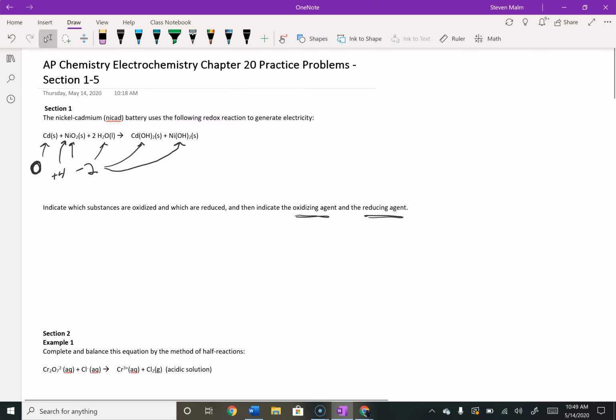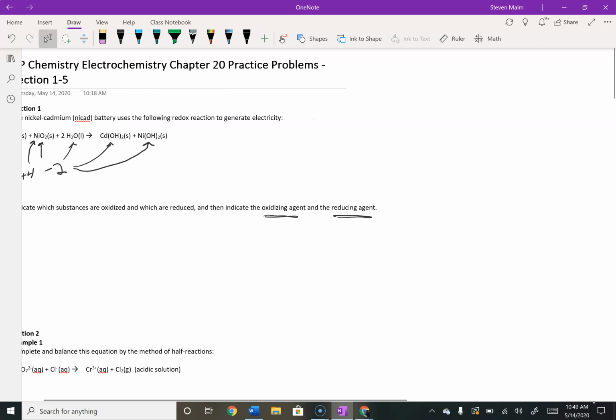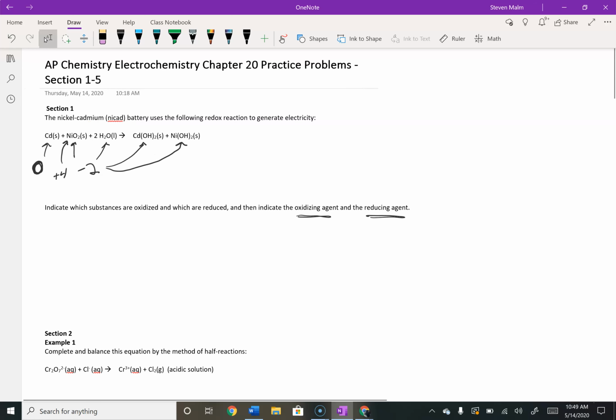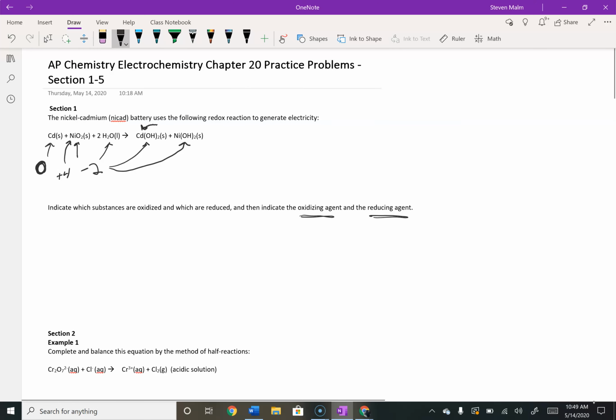Then on the right side of the equation, we want to look at cadmium and nickel, because we know oxygen is not going to change, and hydrogen doesn't really come into play here. Hydrogen is a +1 on the left side, so it's going to be a +1 on the right side. We know that OH has a -1 charge, so since there are 2 of them, cadmium has become a +2, and nickel on the right side also has become a +2 because of the O2 changing.